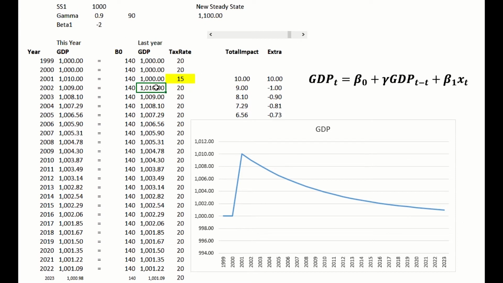So if we did the math here, we would find that the GDP was 1,010 in 2001. Due to the persistence, it's 1,009. I've set the persistence level here to be 0.9, meaning that 90% of GDP stays around, and other factors determine the rest of it.